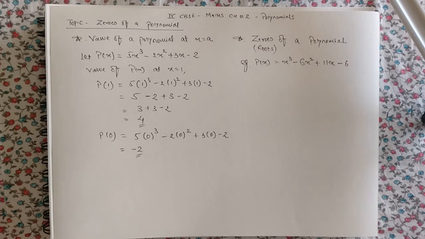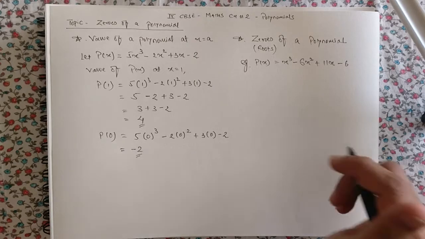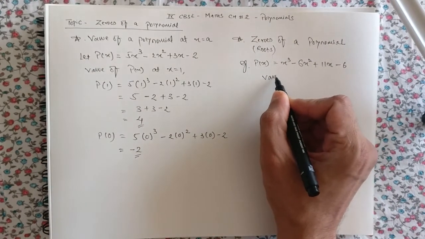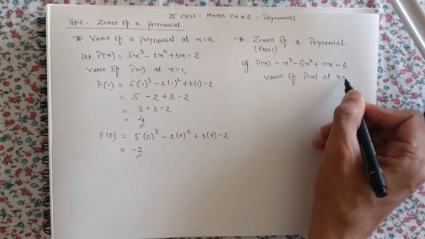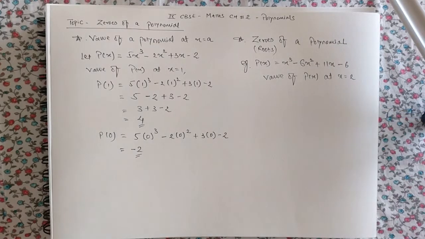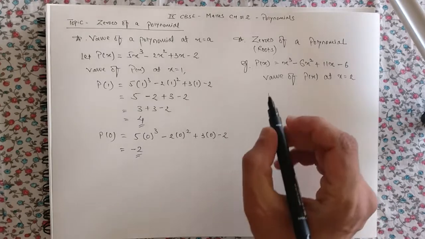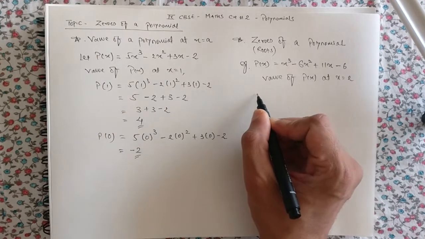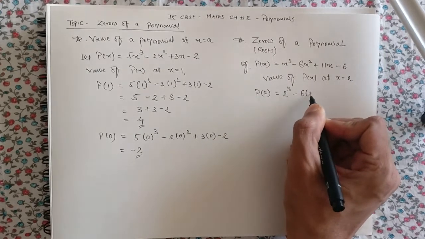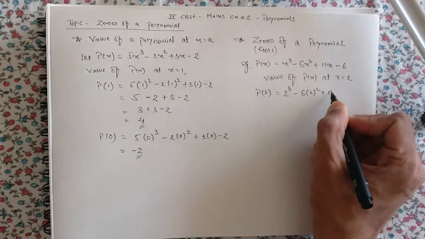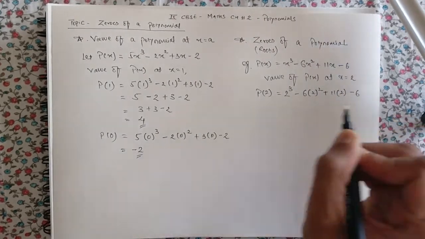Okay, now let us say that we have to find the value of p of x at x is equal to 2. So if we have to find the value of p of x at x is equal to 2, then what we will do? Wherever there is x, we will put 2. So p of 2 is equal to 2 cube minus 6 into 2 square plus 11 into 2 minus 6.